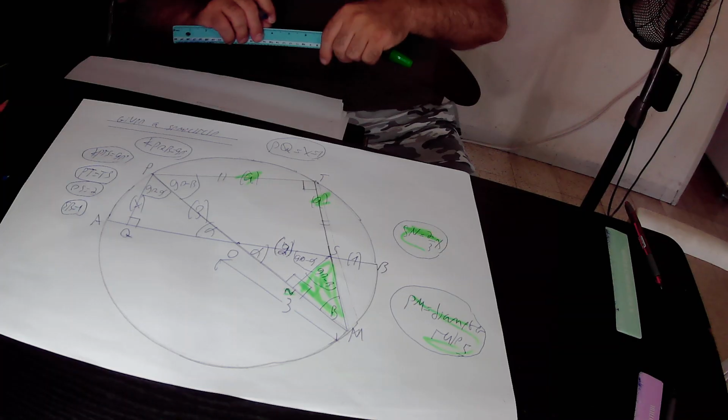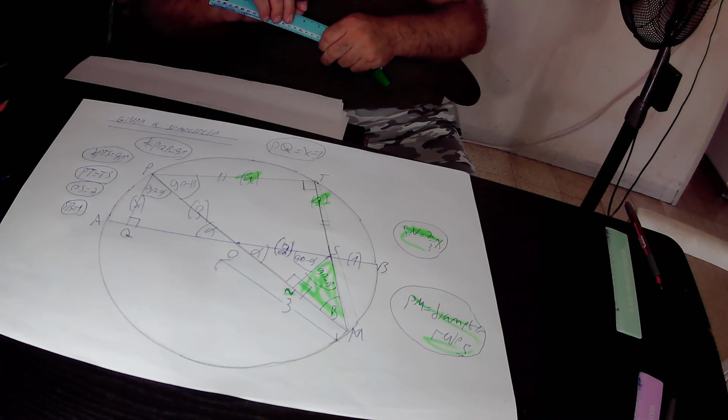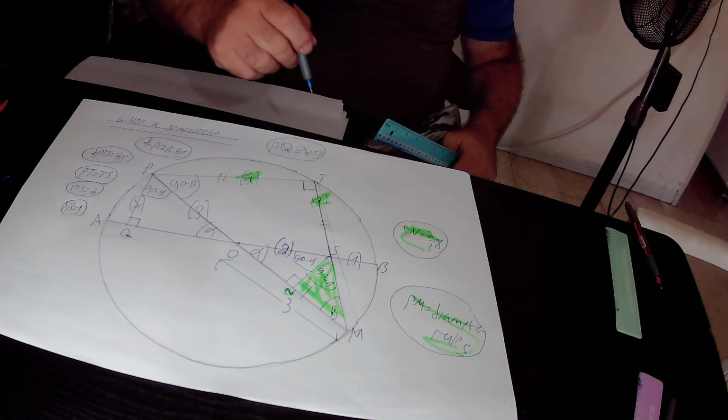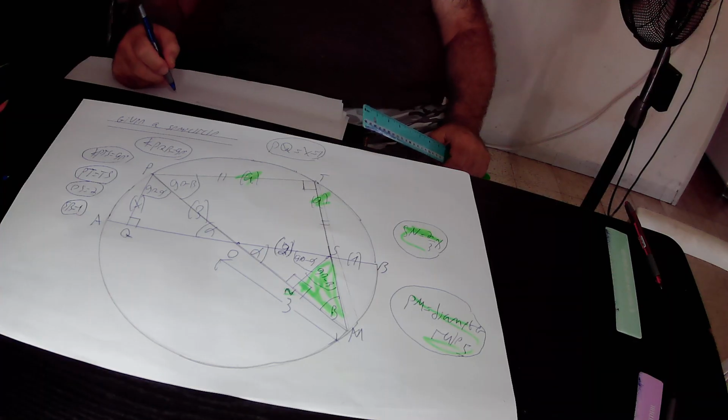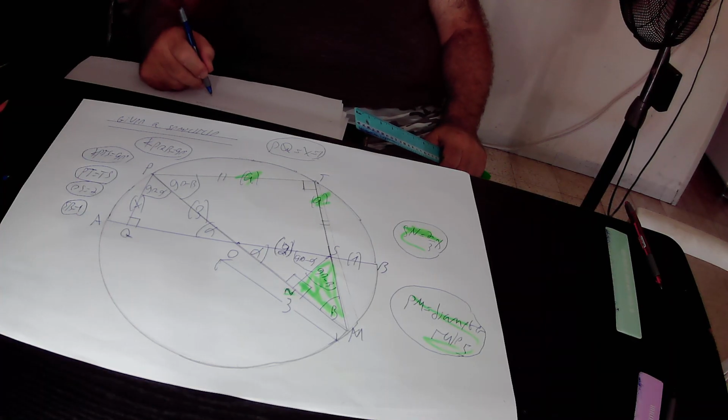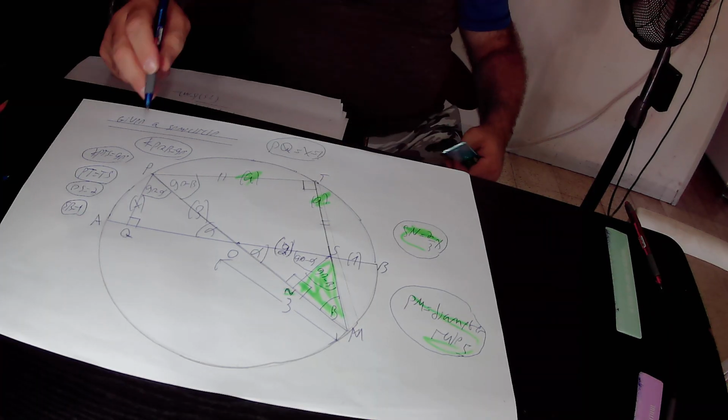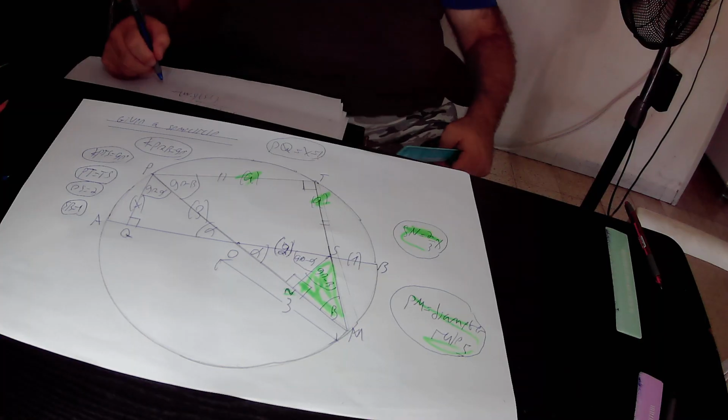So according to rule 15, the following equation will be true: TS times SM equals AS times SB.